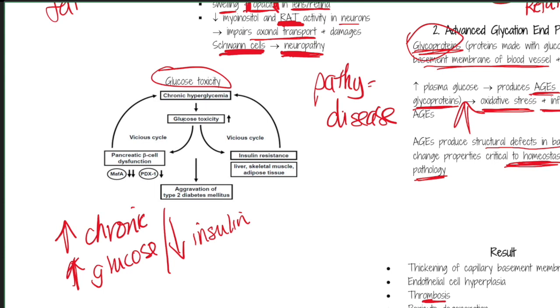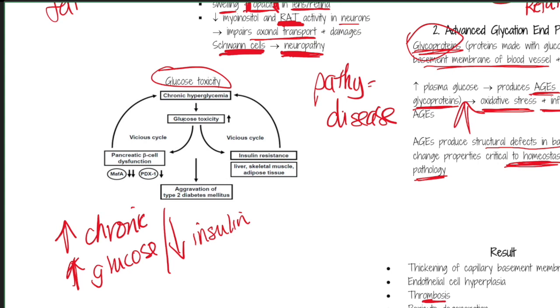Really what's important to know is that they damage the function of cells. They damage the mitochondrial function. They damage other molecules. The big thing they do in terms of diabetes is they cause that B cell dysfunction that we've talked about. That decrease obviously is going to decrease insulin and then exacerbate the hyperglycemia even further.